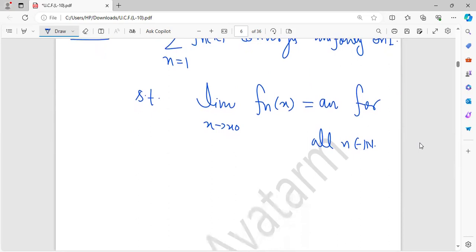Now you see that I am taking my capital Fn equal to summation k goes from 1 to n of fk(x).